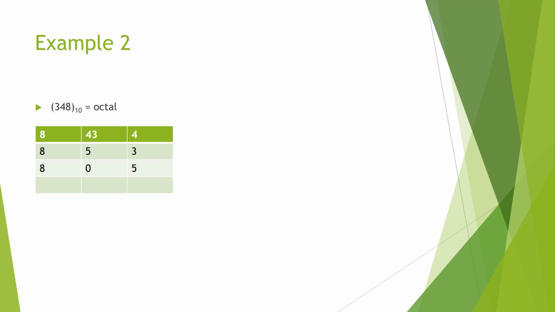So if you divide 348 by 8, you get 43.5. Now you can separate the two, you get 0.5, which will form part of our remainder. 0.5 you multiply by 8, you get what? A remainder of 4.